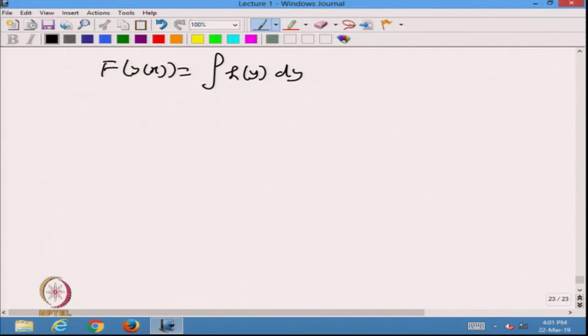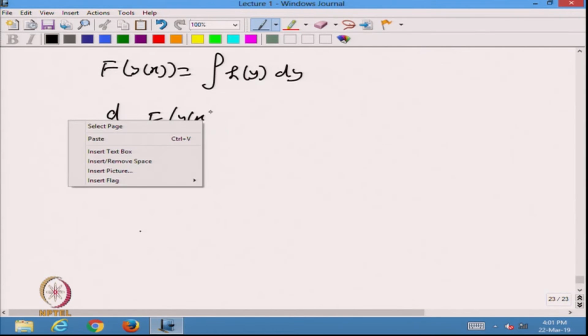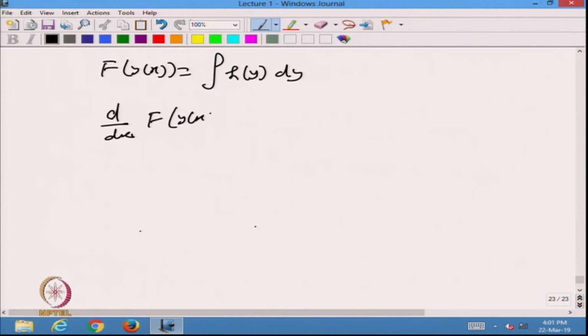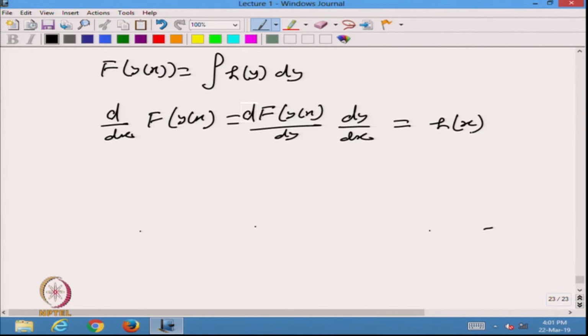If I choose this function as this one, then taking the derivative with respect to x, it becomes dF by dy and then dy by dx, which is h(y) dy by dx.